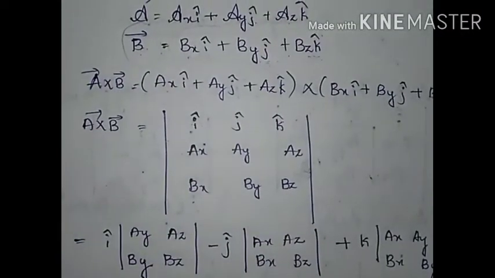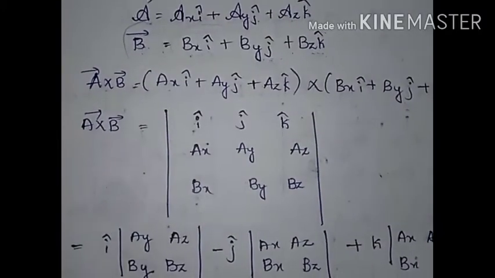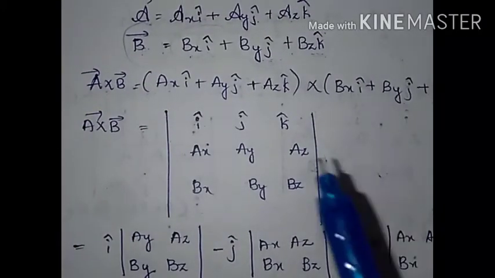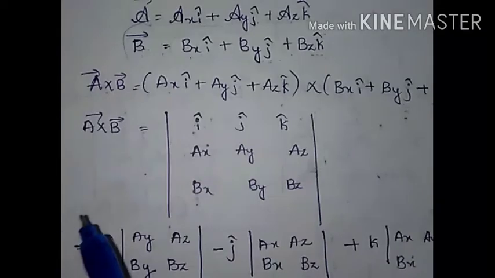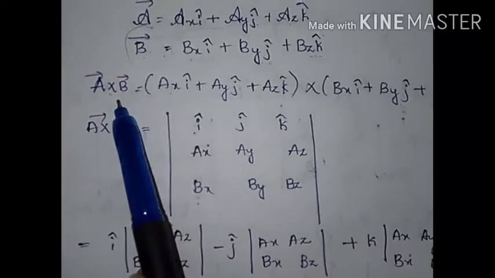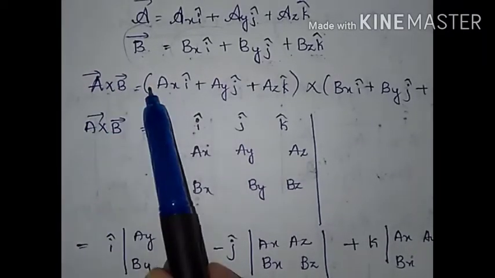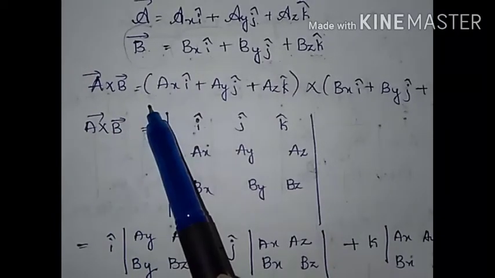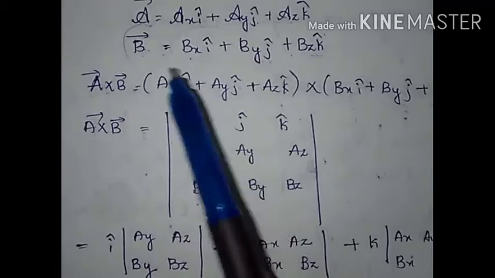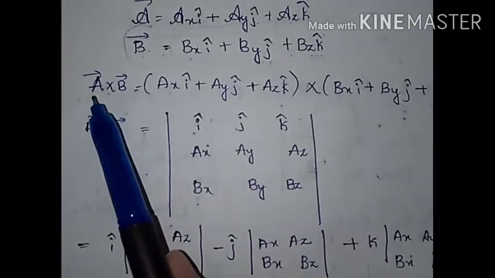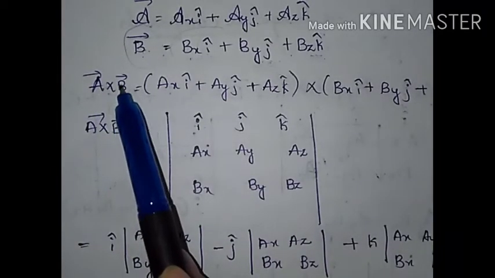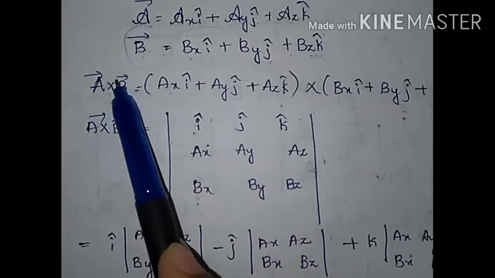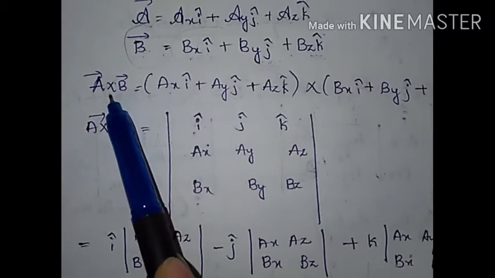This is not a multiplication symbol. In the last section we did the dot product of two vectors, wherein we wrote A dot B. In this case we write A cross B, which is read as cross, not multiplication.